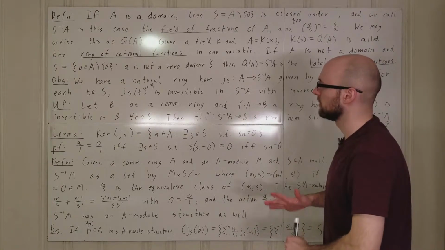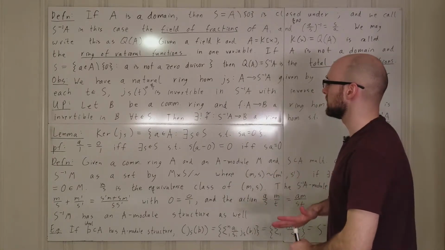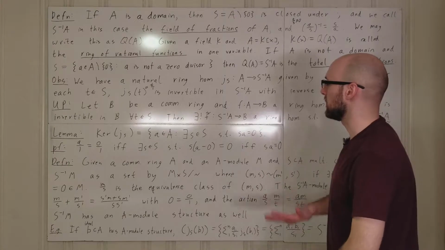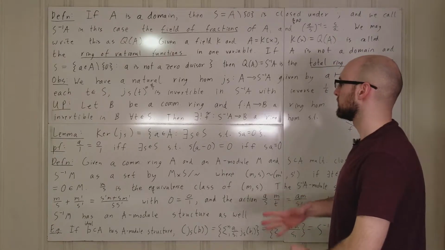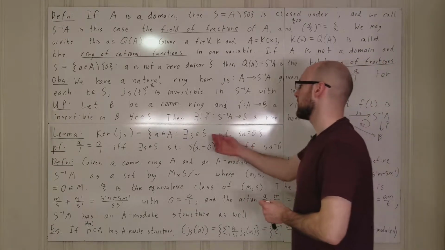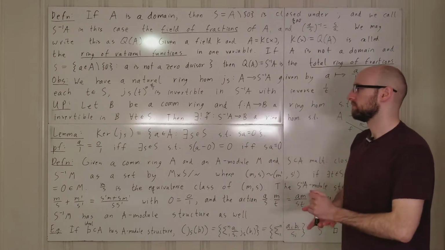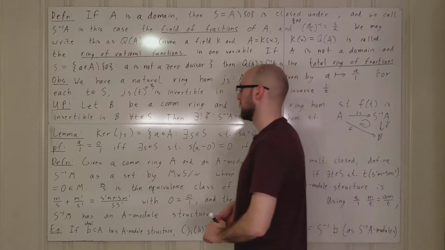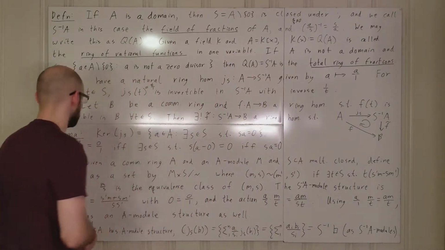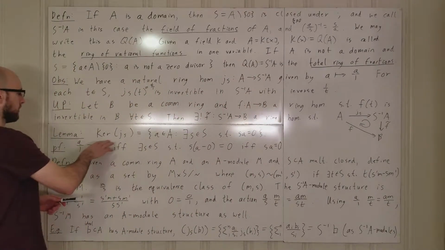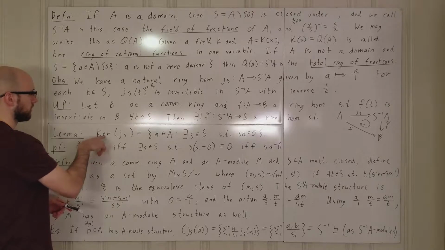All right. So here's a lemma. The kernel of JS is the elements A in A such that there's an element S in S such that S times A equals 0. The proof is really short.